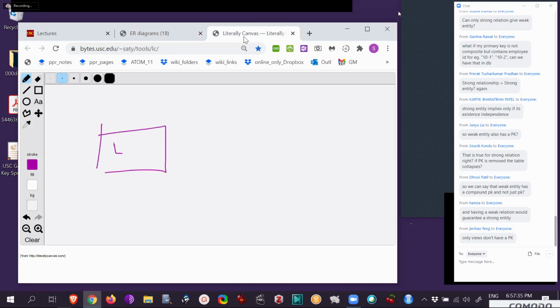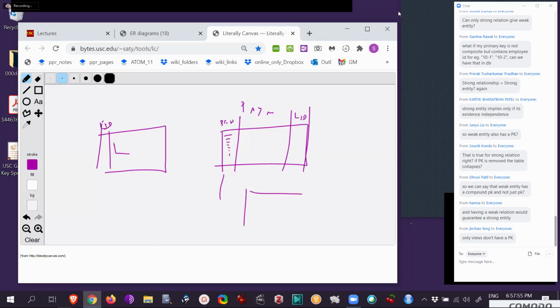Again, here's the loan. It's a loan ID. Here's the payment information, so payment ID. There are 2 ways to do it. One of them is I can make the loan ID be over here, and then I can make a payment ID, which is simply 1, 2, 3, 4, 5, increasing monotonically. Versus I can make the same payment table a very different way, in which my primary key is 2 columns.